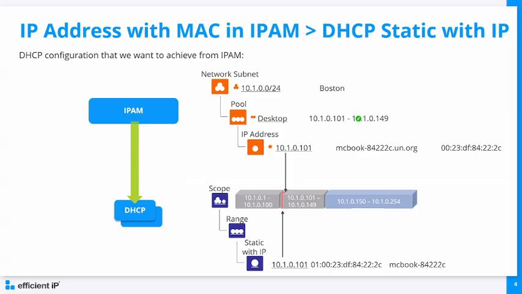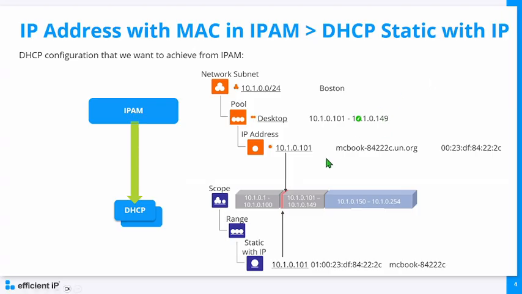So you must provide the MAC address. It's mandatory, because you're going to reserve the IP address in DHCP for the MAC address. So that is static with IP. So that when the client with the MAC address discovers an IP, the DHCP server will always assign the reserved IP to the client.